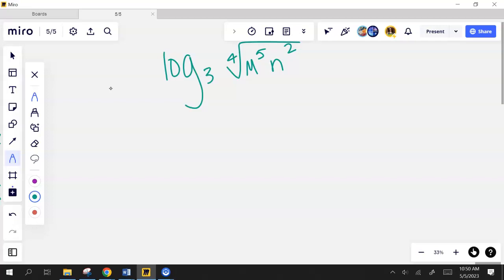What's the exponent? 1/4. That's exactly right. So log base 3, so I've got m^5 n^2, all of this to the 1/4. Now again, two ways to do it. I could take it to both of these, or I could go ahead and bring it around front.